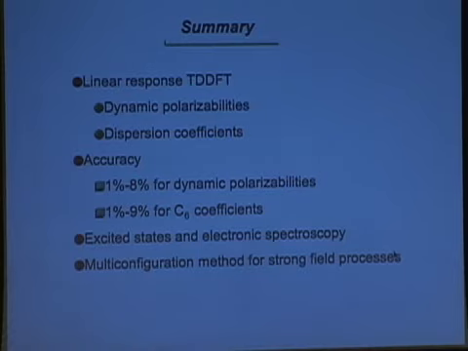And for most cases, the error for dynamic polarizability is about 1% to 8%, and for the C6 coefficient is between 1% and 9%. And we can also use TDDFT to calculate excited state properties and compare to electronic spectroscopy. There's also this newly developed approach for strong field processes.